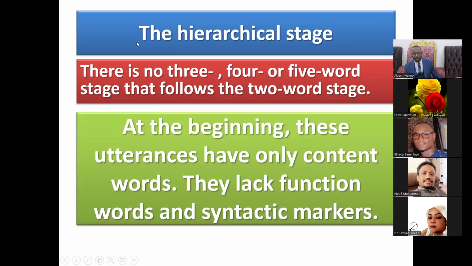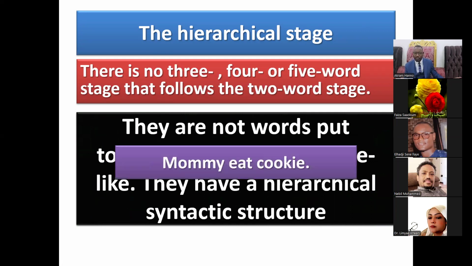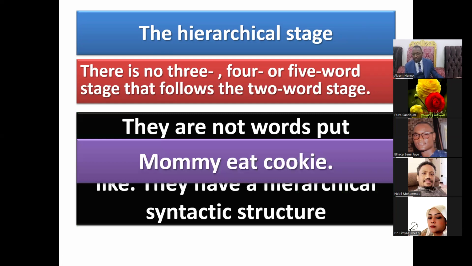At the beginning, these utterances have only content words. They lack function words and syntactic markers. They are sentence-like, with a hierarchical syntactic structure, like mommy eat cookie, actually mommy eats cookies, okay?